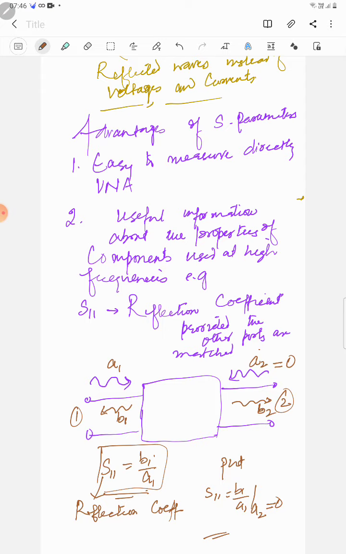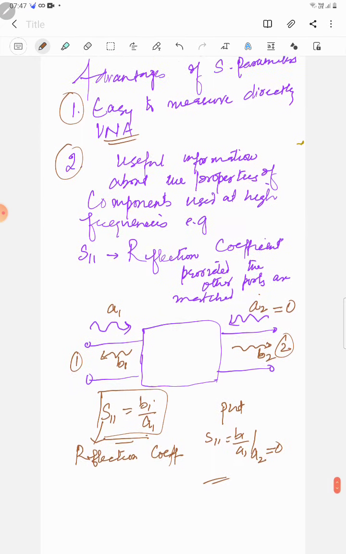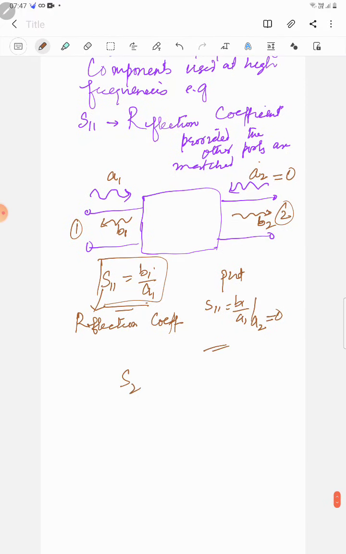So the first advantage is they are easy to measure directly by using devices, for example, called vector network analyzers. These parameters give useful information about the properties of the components used at high frequencies. For example, S11 is simply the reflection coefficient. S21, for example, what is S21?